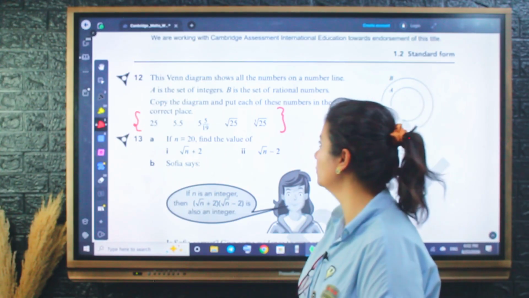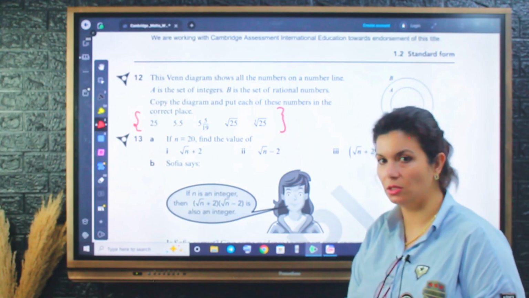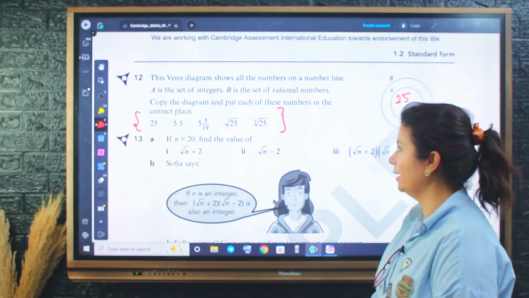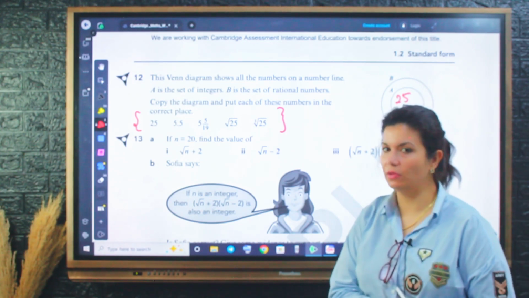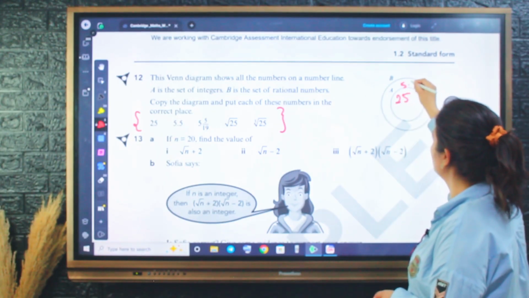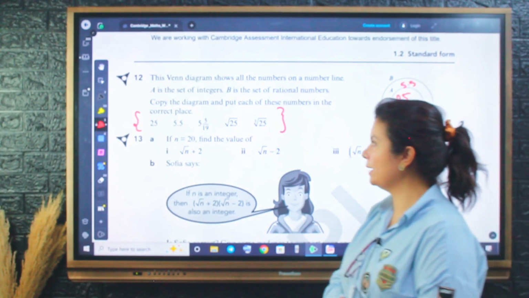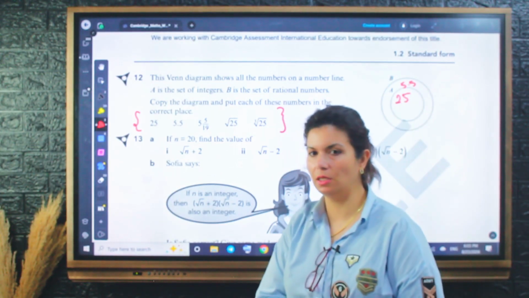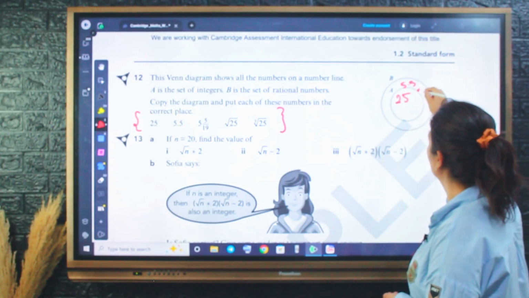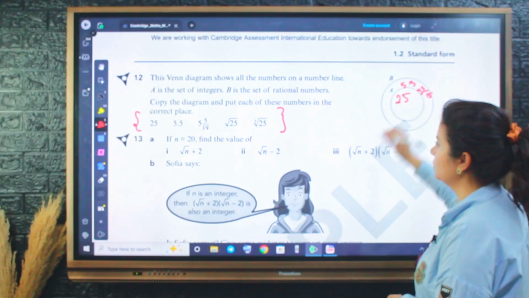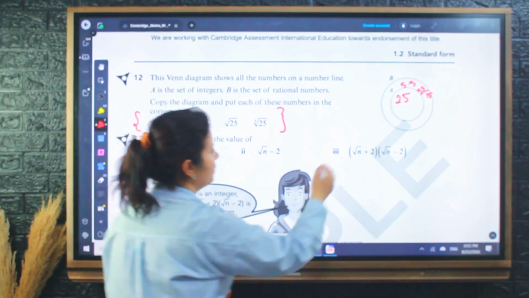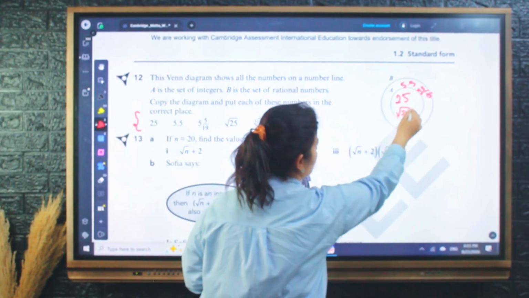Okay, 25. 25 is an integer, so we are going to put it in A. Okay, 5.5 is a rational number, so we put it here in the place of B. Okay, 5 and 5 over 19 is a rational number, so we put it in B. The square root of 25, which is 5, can be written in the A place.